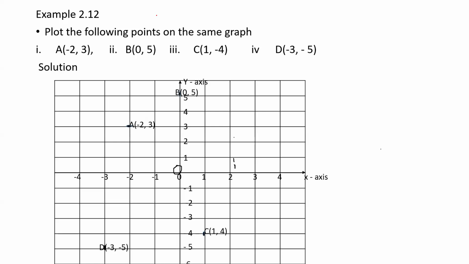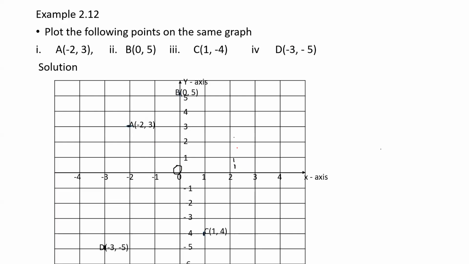Now let's plot the following points on the same graph. We have A (-2, 3), B (0, 5), C (1, 4), and so on. Before you draw a graph, you must take a scale. Look at the intervals. It depends upon the points that you have. You make sure that every point will be located on the axes.